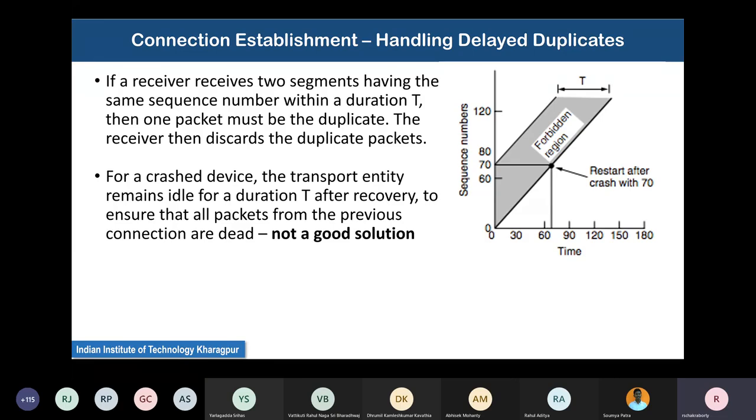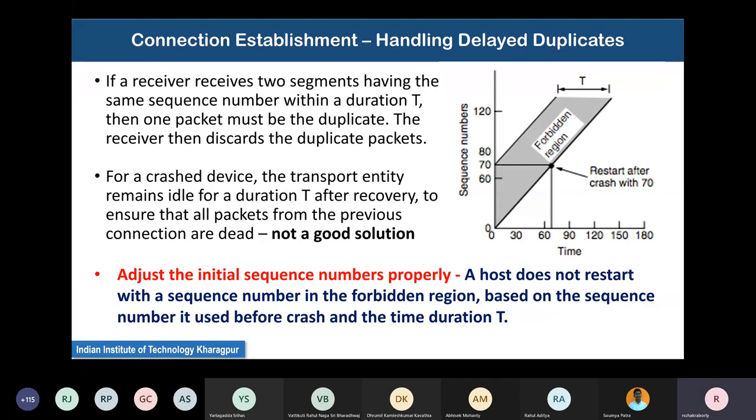So even after waking up, you intentionally wait for this lifetime duration amount of time. But this is not a good solution because it affects the quality of service. Your server is ready, but still you have taken a defensive, quite conservative policy that you are making the server wait.